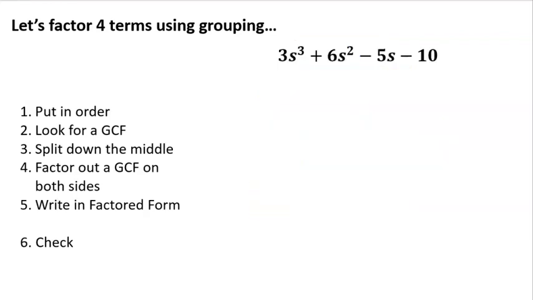All right, now let's go ahead and go on to this one, and we're going to go through this one a little bit faster. I don't see a GCF that goes into all of those. I'm going to go ahead and do my GCF of the left side. My 3s squared is going to come out to the side. 3 divided by 3 is 1. 3 minus 2 gives me 1s plus 2, and then my s's cancel on that side.